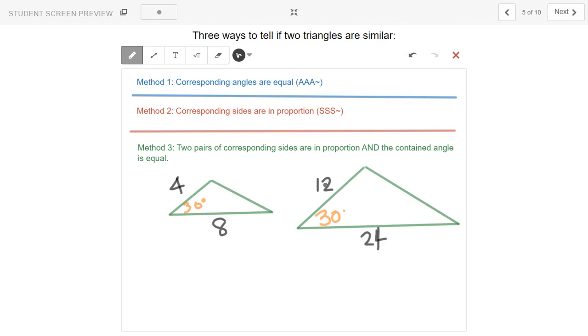This is 3 times as large as the original one, and then 8 times 3 gives you 24. Then we know that these two triangles are similar. Now, for this one, we would use the symbol side, angle, side, and that makes it similar as well.